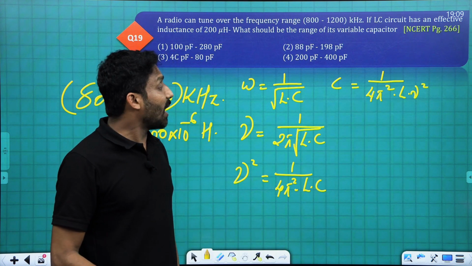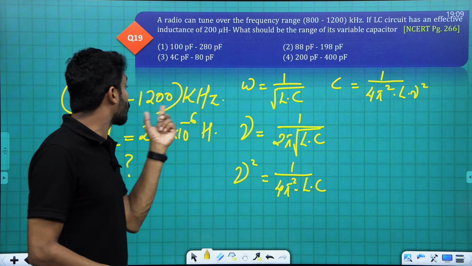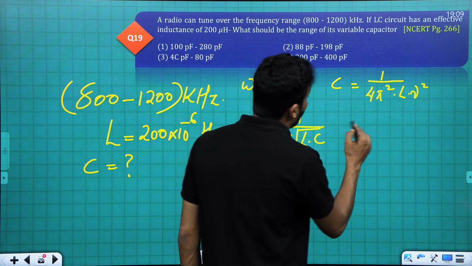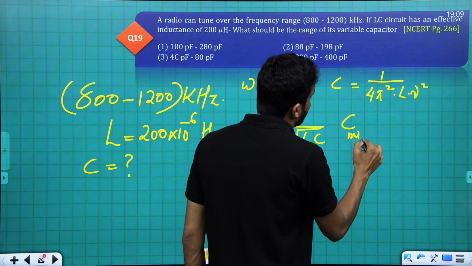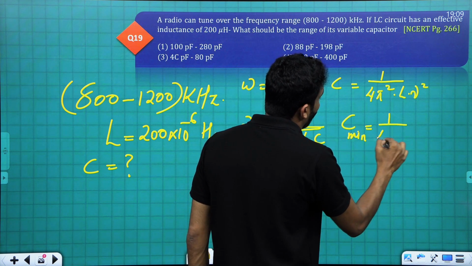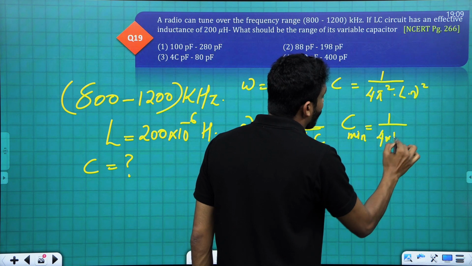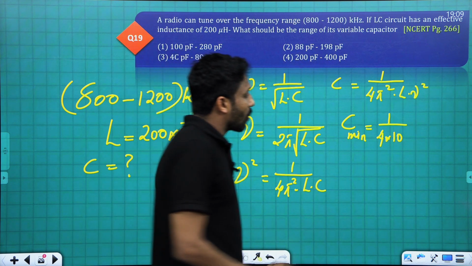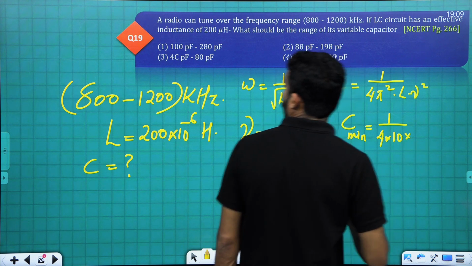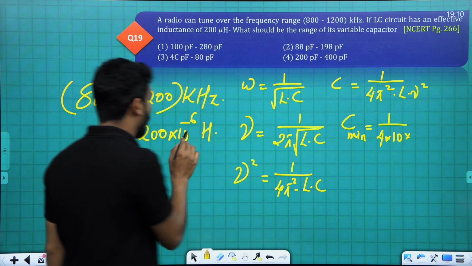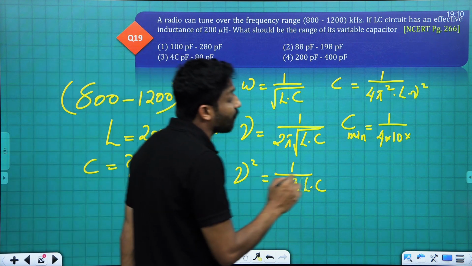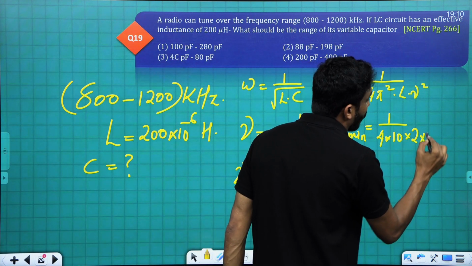C minimum is equal to 1 divided by 4, and pi square I am taking as 10. Now inductance value is equal to 200 into 10 power minus 6, that is 2 into 10 raised to minus 4.